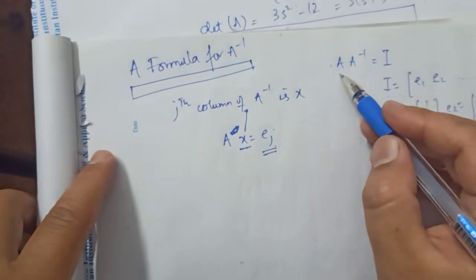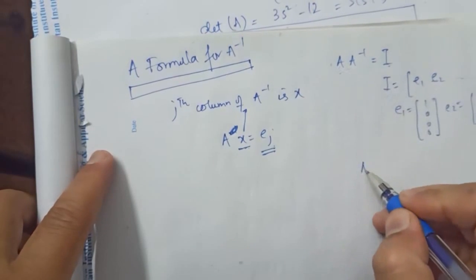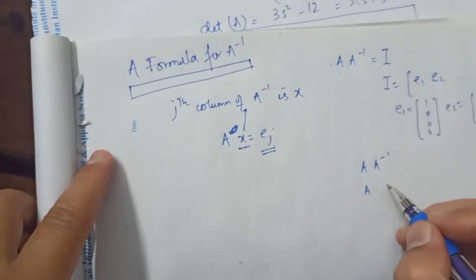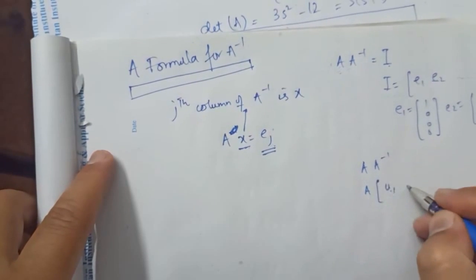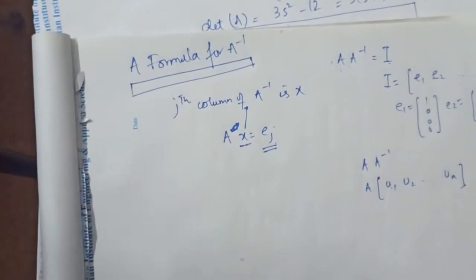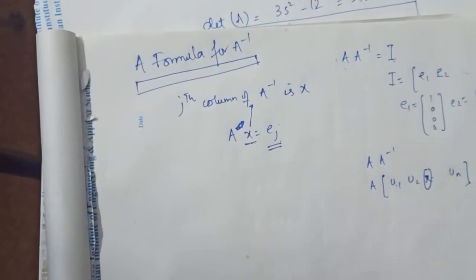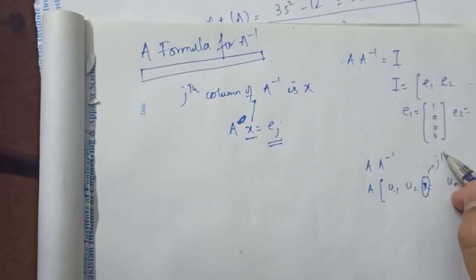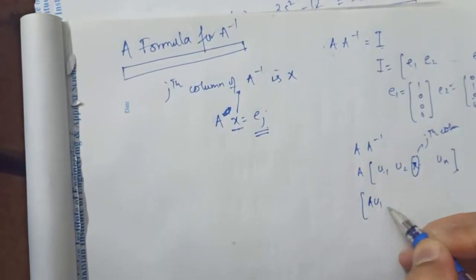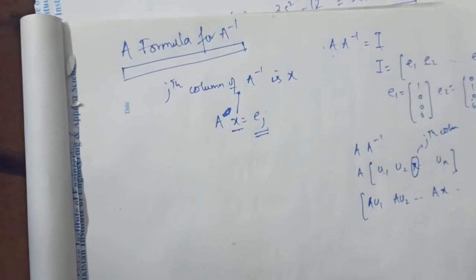Okay, because remember this, A times A inverse is I, so I can think of this as multiplying A with A inverse, right? So A inverse has certain number of columns, so let's say U1, U2 to Un, right? Now if I say any of those columns is X, in this case the jth column, what I'll get here is A times U1, A times U2, sometimes A times X, and A times Un, right?